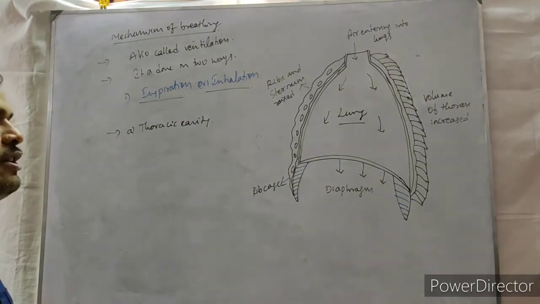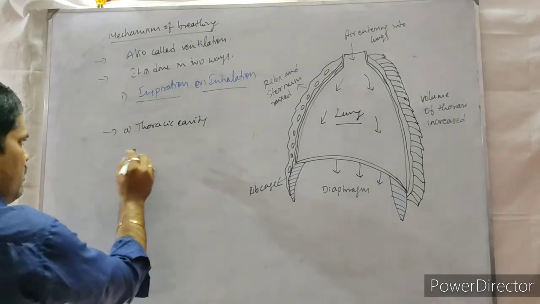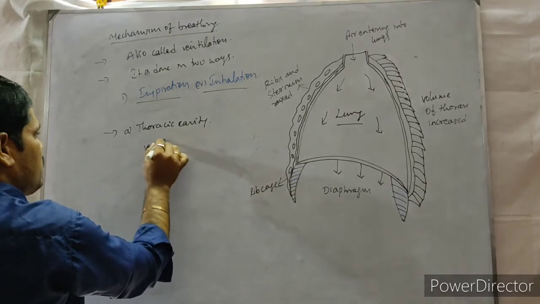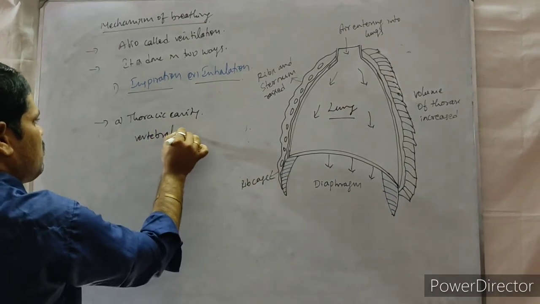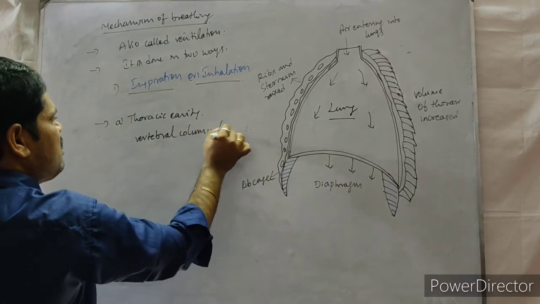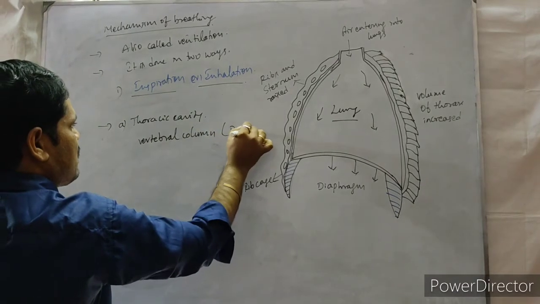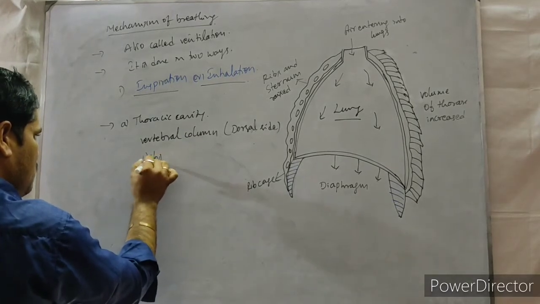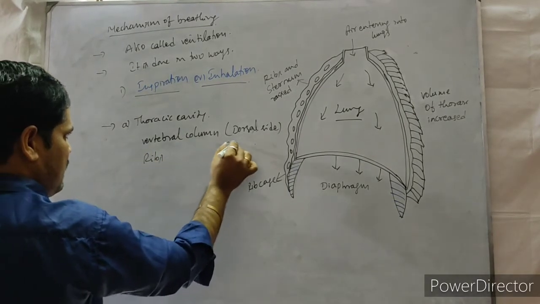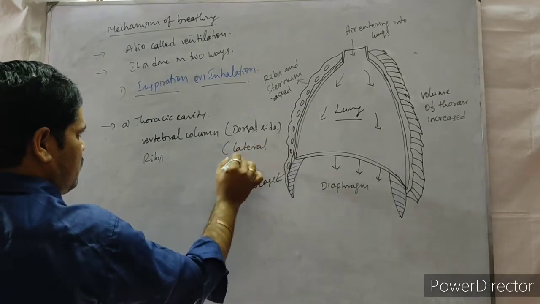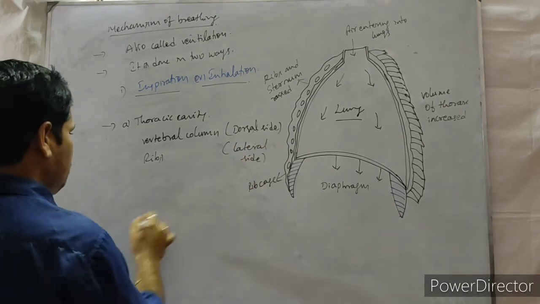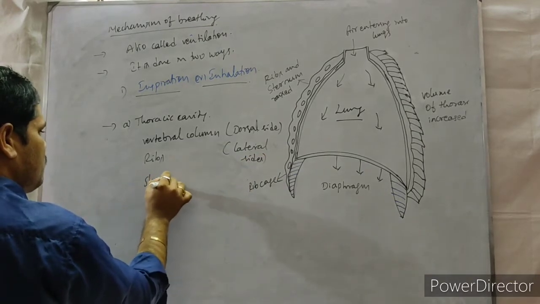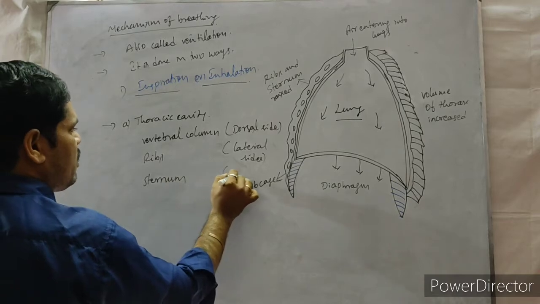How is the thoracic cavity formed? The vertebral column is present on the dorsal side, ribs are present on the lateral sides, then the sternum is present on the ventral side.